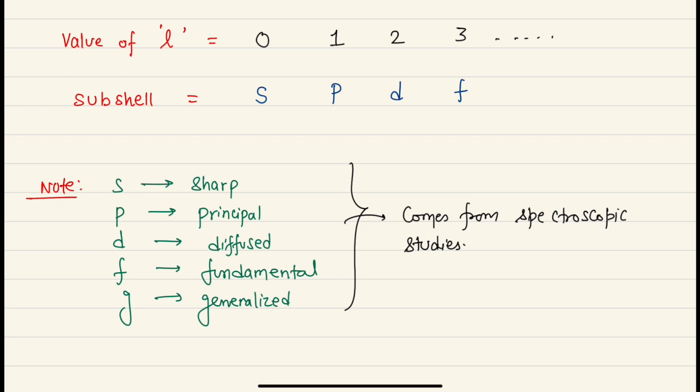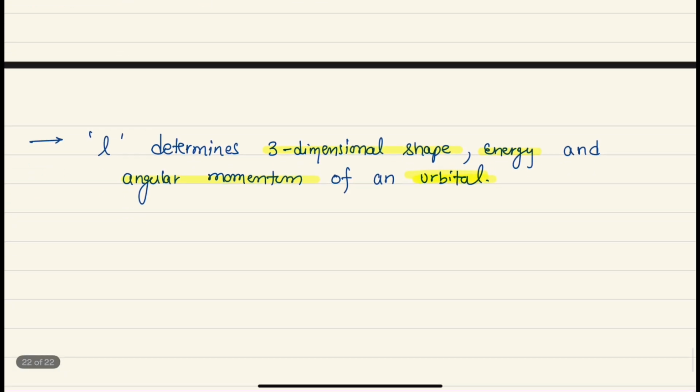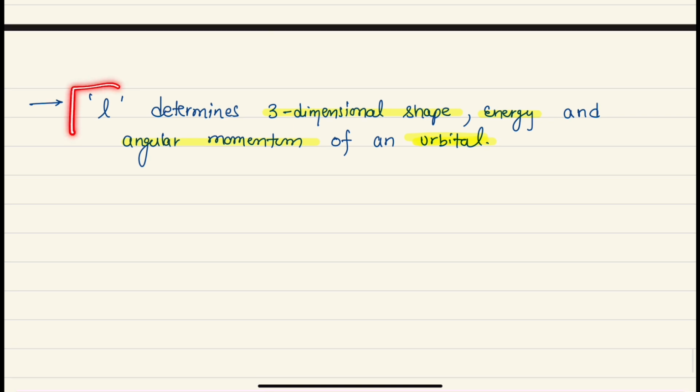Okay, now one last point. By seeing the L value, we can determine, first of all, the three-dimensional shape, energy and angular momentum of an orbital.